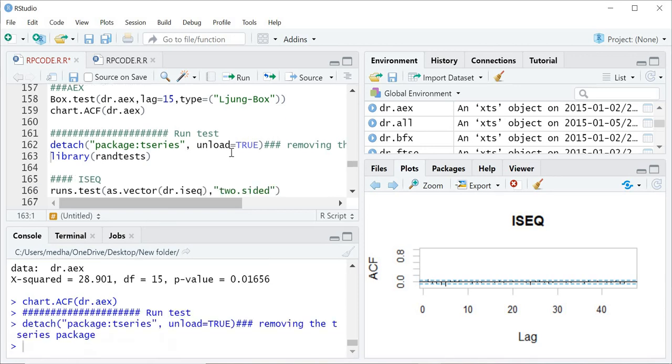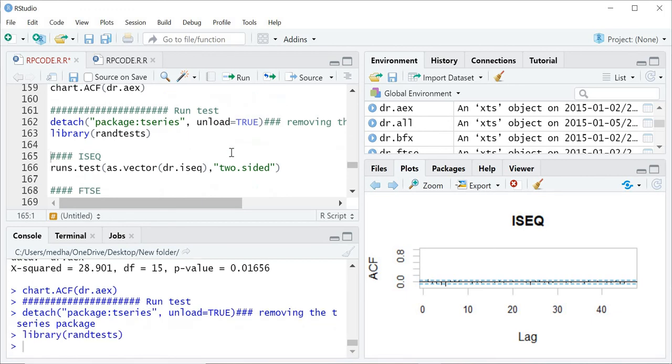The next test is the run test, which basically tells me the changes in the sequences in the variables of the time series. The run test basically determines if the time series is following a random walk or not.